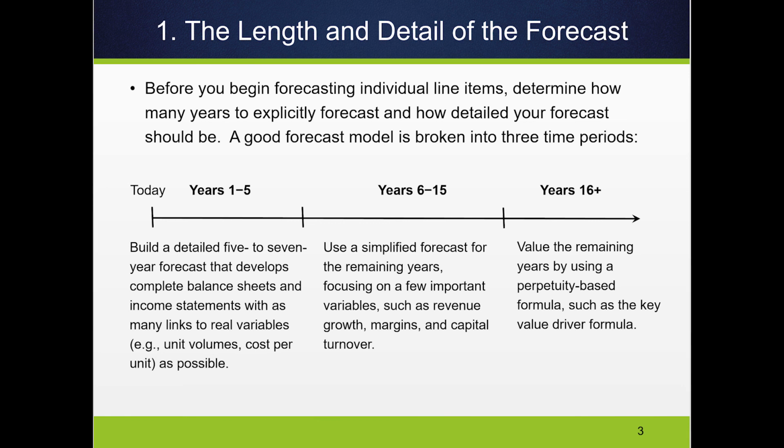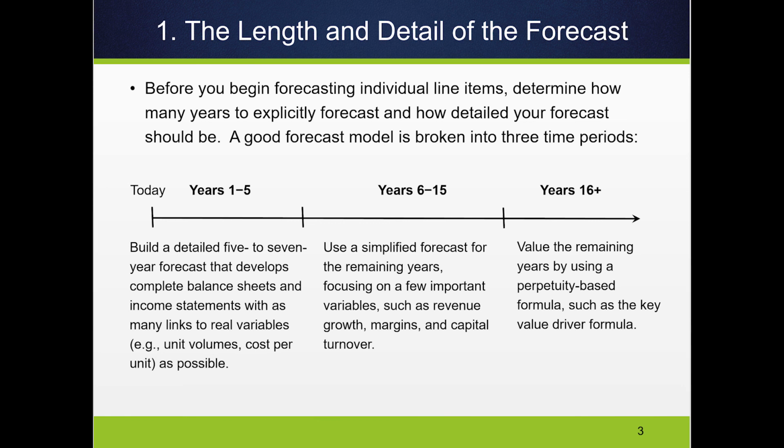So NOPLAT, the tax rate, ROIC, and that's it, right? We're just interested in the major value drivers, and then we're using that to calculate the continuing value, and that's the remainder of the value of the firm, right?